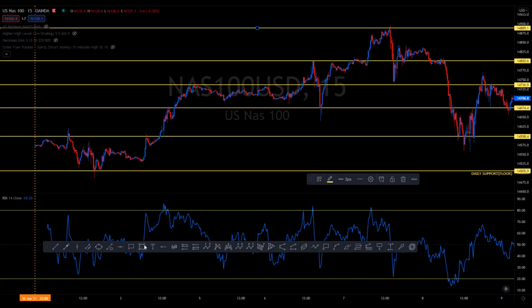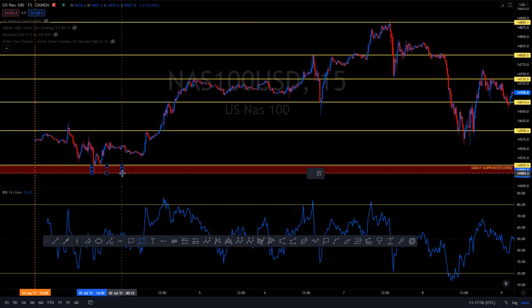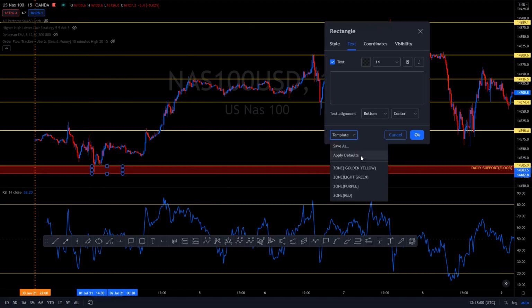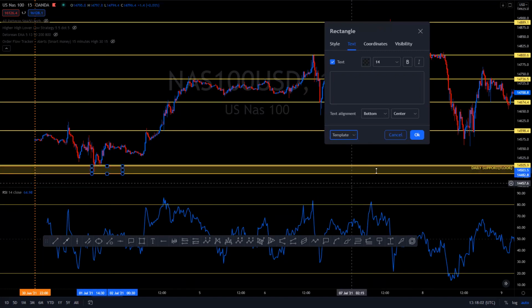Okay, so let's start drawing our demand zones, supply demand zones. So let me do this here, the golden yellow one.